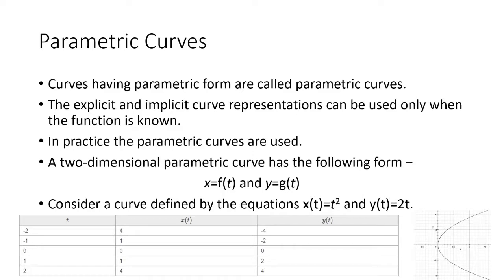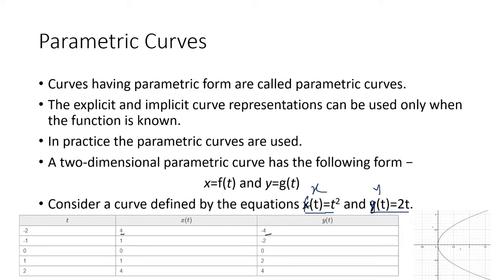So for example, let's take this example where x is given as t squared and y is given as 2t. That is actually a little bit wrong. This is actually f of t and this is actually g of t. So whatever we are getting are the values of x and values of y. Whenever I apply t equals -2, I am getting 4 for x(t) and -4 for y(t).